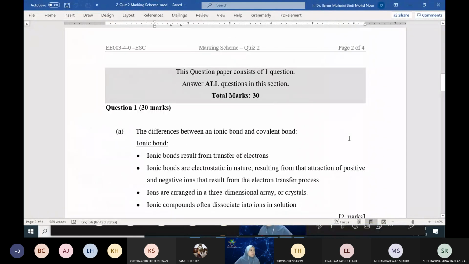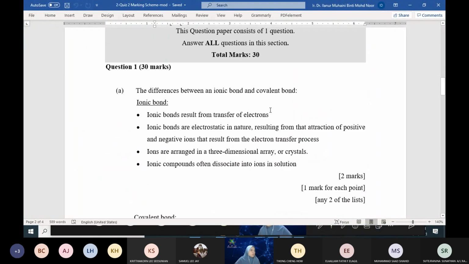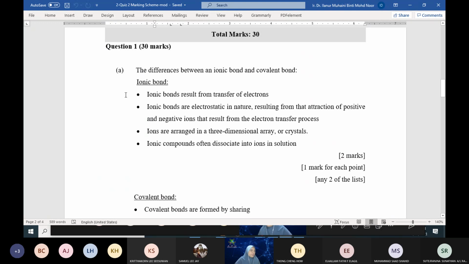So my answer is the difference between ionic bond and covalent bond. There are 4 points here. Any two from the list can be selected. Ionic bonds result from transfer of electrons. Ionic bonds are electrostatic in nature, resulting from attraction of positive and negative ions that result from the electron transfer process. Number 3, ions are arranged in a 3-dimensional array or crystal.